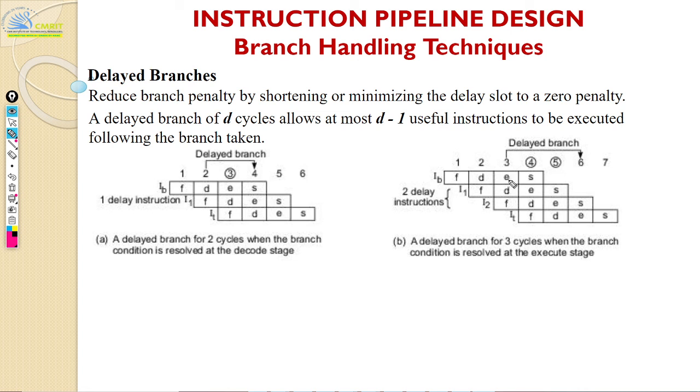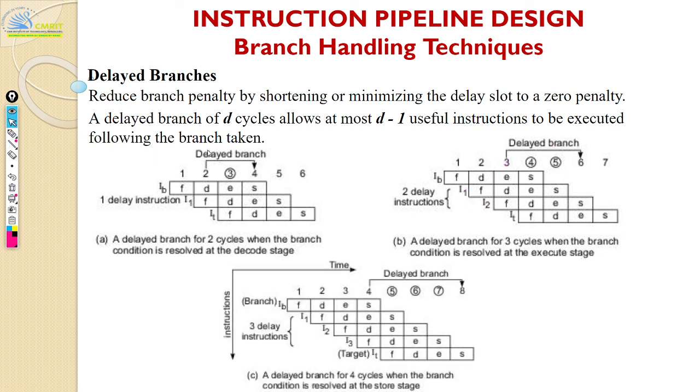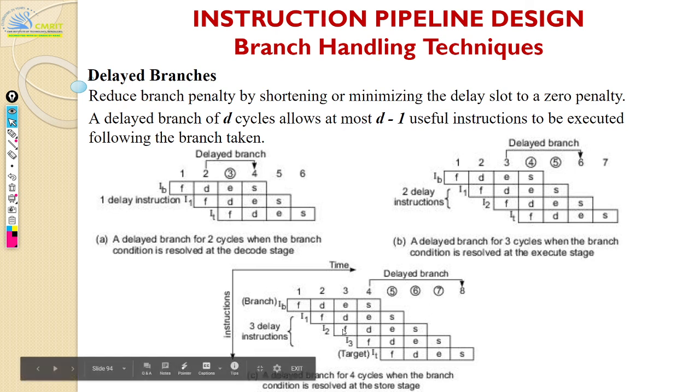You see here, you are delaying it by 3 cycles, so you can fill in 2 instructions until the branch target is calculated. Similarly, if you have d delay, then you can bring in d minus 1 useful instructions. However much you want to defer, you can bring in that many instructions in between.